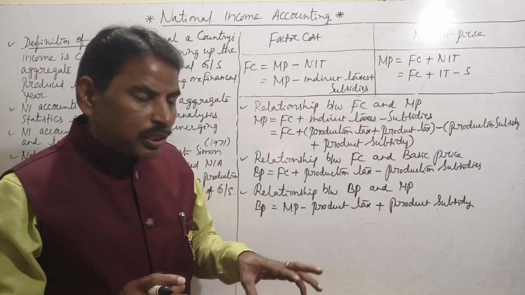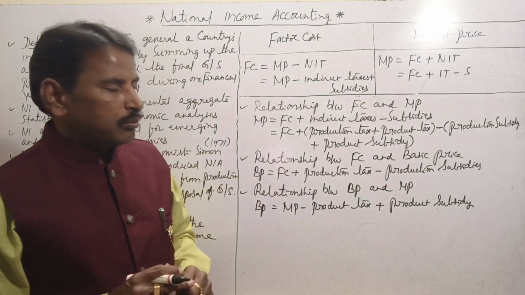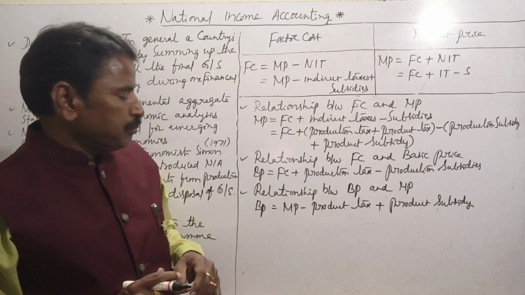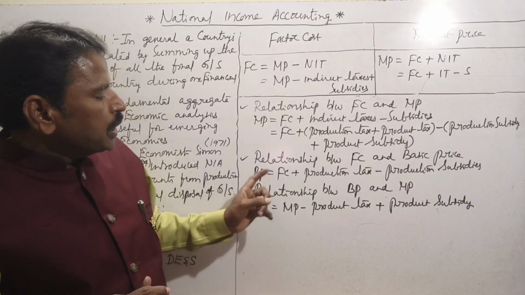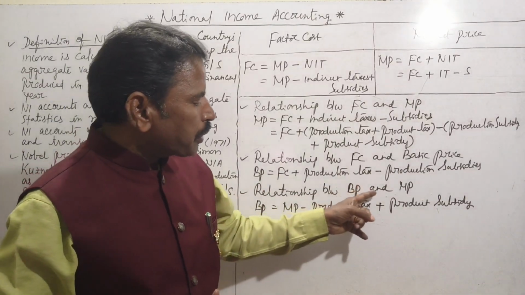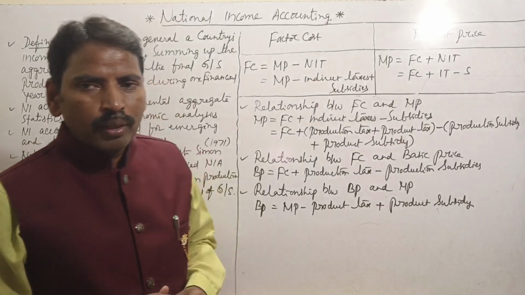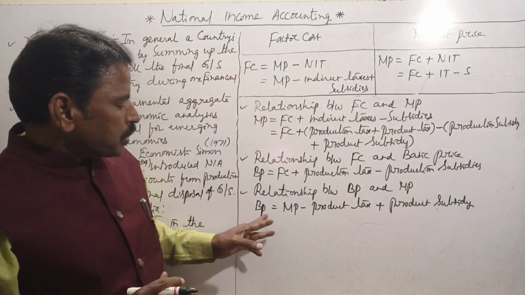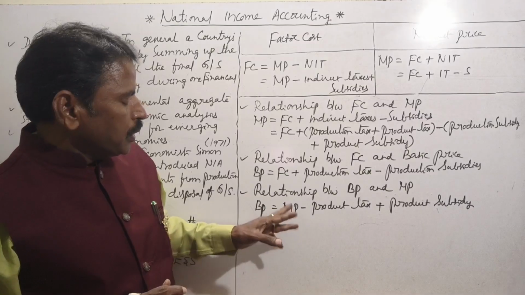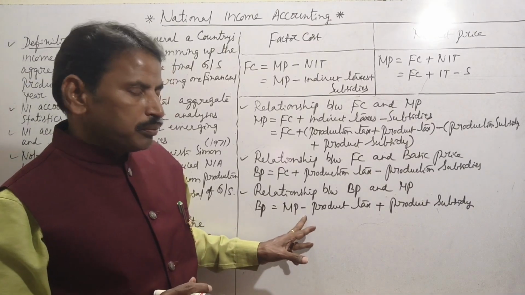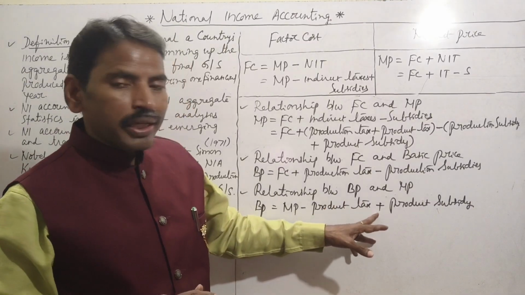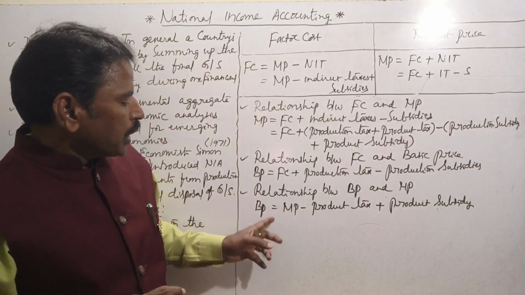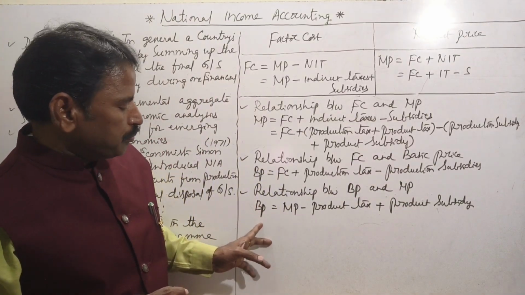Next, relationship between basic price and market price: basic price is equal to market price minus product tax plus product subsidy. Then you will get basic price.